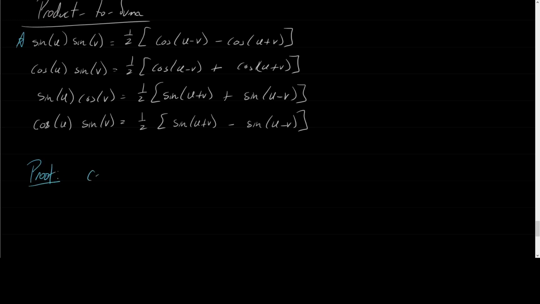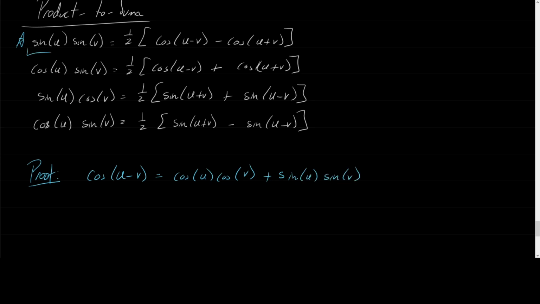Now, cosine of u minus v, let's recall what that was. Cosine is cosine, cosine, sine, sine. So I have cosine of u times cosine of v minus, not minus, plus, right? Because with cosine, the sign changes. Plus sine of u times sine v.